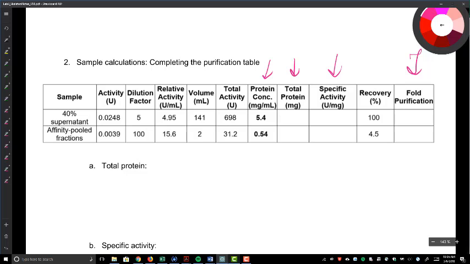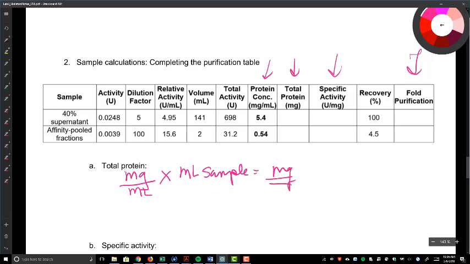You're just filling it in more accurately this time. So with the total protein, you're literally taking the mgs per mil, and you're multiplying it by the mils of sample. And that's giving us the total protein in milligrams.